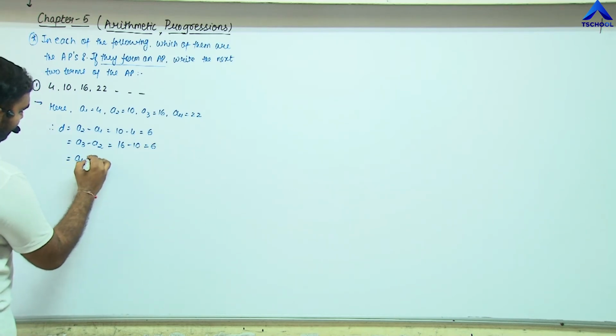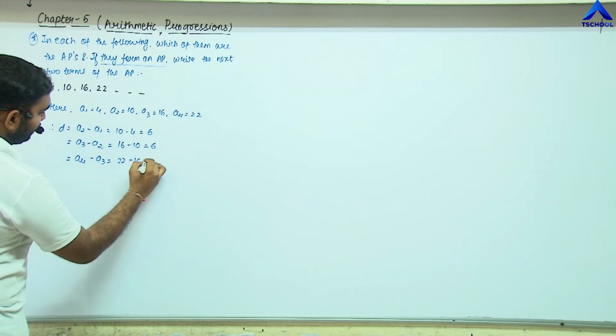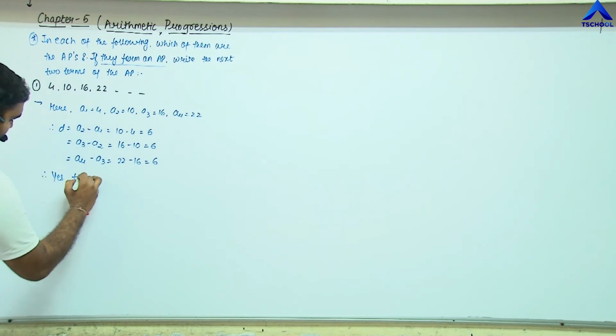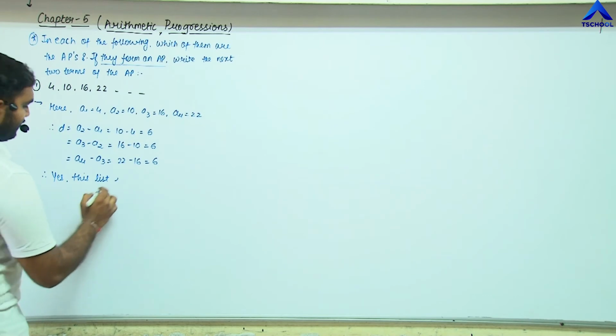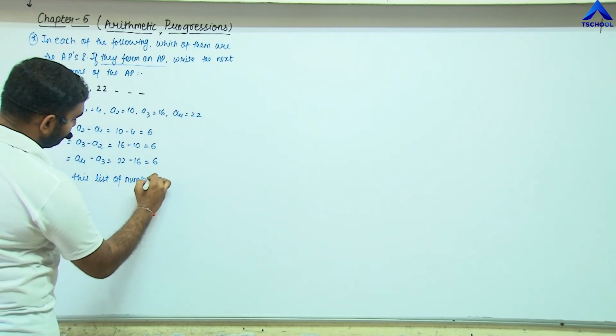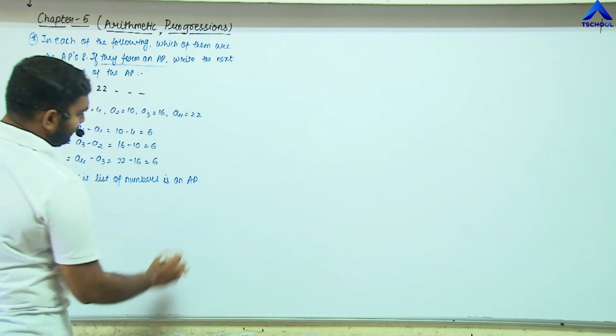And a4 minus a3, that is 22 minus 16, which is again 6. Therefore, yes, this list of numbers is an AP, right?